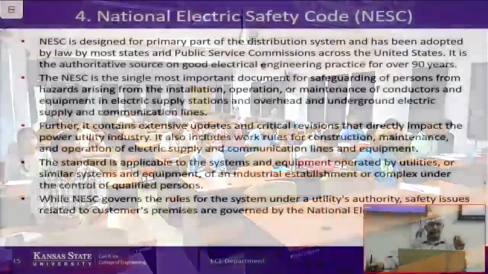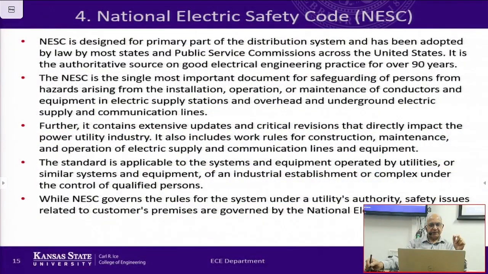So this one has extensive updates and critical revisions that directly impact the power utility industry. It also includes work rules for construction, maintenance and operation of electric supply and communication lines and equipment, because you know that distribution systems also require communication lines for managing the equipment and automation and those kinds of things.